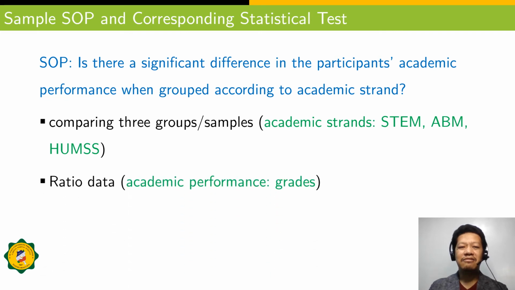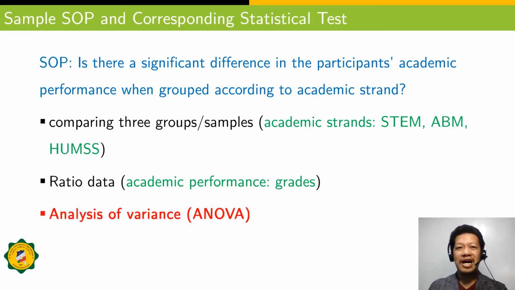Our data here is academic performance in terms of grades, and these are numerical or in ratio level. What statistical test is to be used? We have to use ANOVA or analysis of variance because there are three groups being compared. If there are three or more, we have to use ANOVA. If there are exactly two, independent samples t-test.